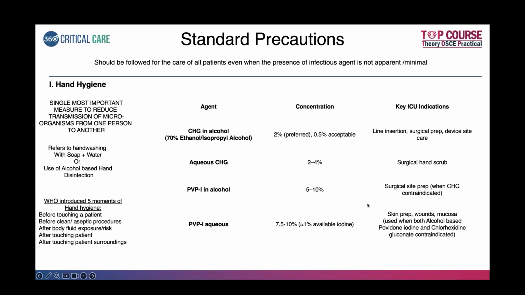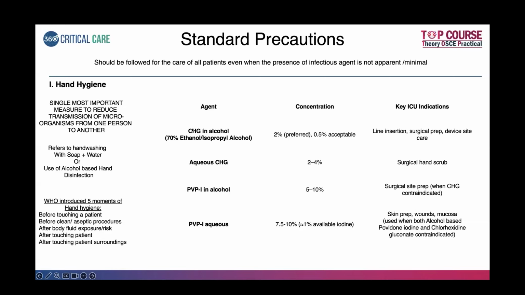When chlorhexidine and the alcoholic variant of povidone iodine are contraindicated, then you can go with povidone iodine in aqueous state. That comes as 7.5 to 10%. It can be used for skin preparation, wounds, and mucosa when both alcohol-based povidone iodine and chlorhexidine gluconate are contraindicated. So these are the four solutions that are commonly used.